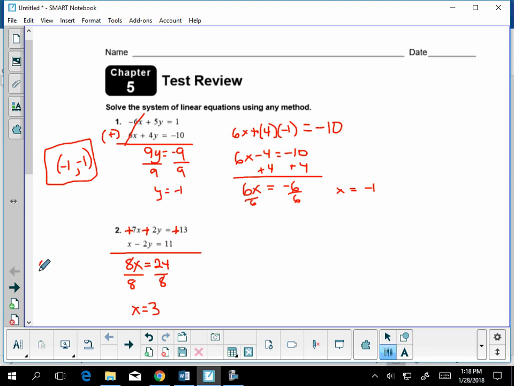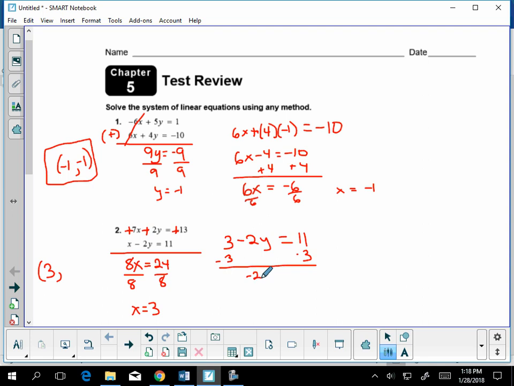Well, that tells me half of my solution. So I'm going to go ahead and plug that in. I think I'm going to do the bottom equation. Take out the x, put in 3, minus 2y equals 11. Minus 3 from both sides.